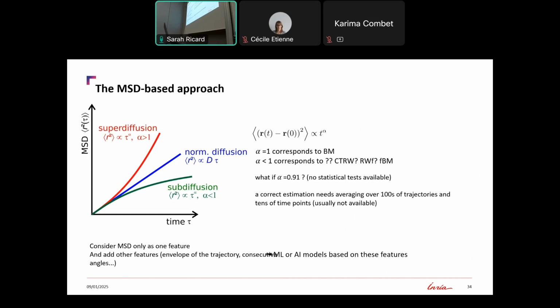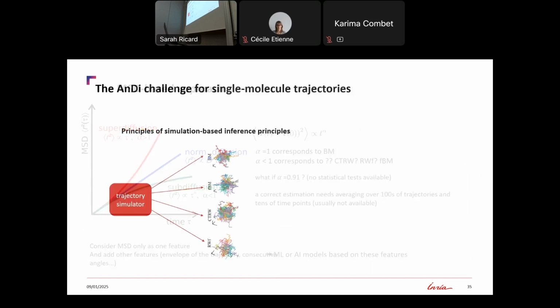In this case, model selection is just classification. You will train your machine learning algorithm to decide whether the trajectory is CTRW or whatever. And to do the inference, it's just regression, right? So it can work, and it's exactly the state of the art.